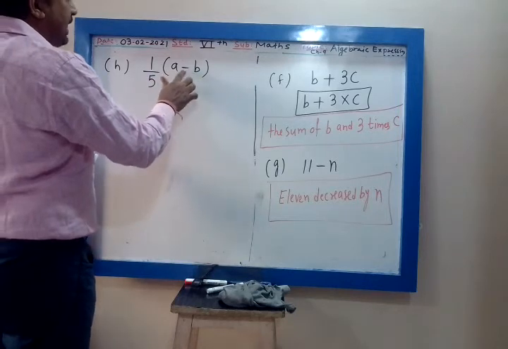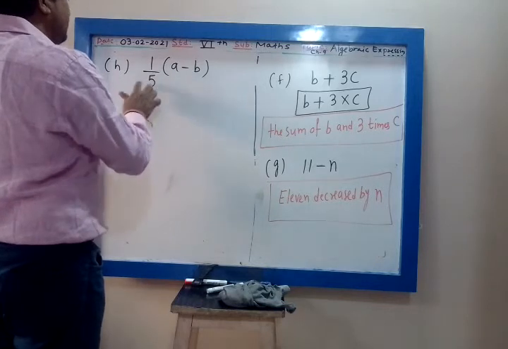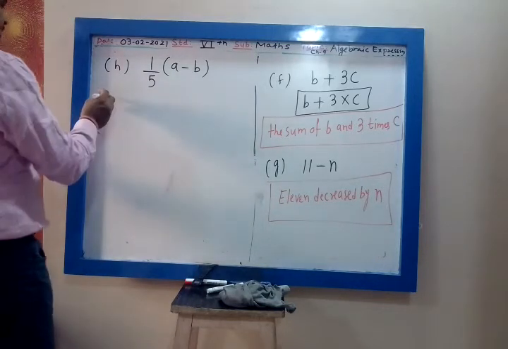A minus b. Minus means difference. 1 upon 5 means 1/5, so we write 1/5.